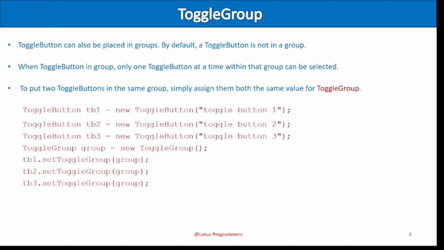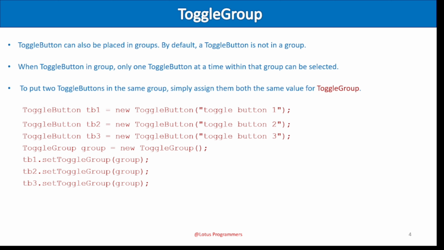Next, if you would like to add TB3 also to the toggle group, call the TB3.setToggleGroup method by passing group as the argument. So this way we can add multiple toggle buttons to a group.